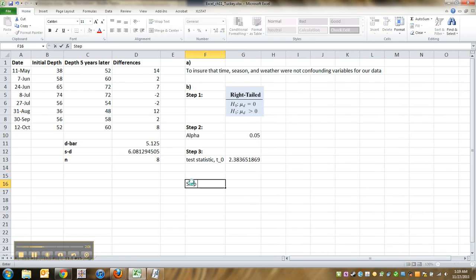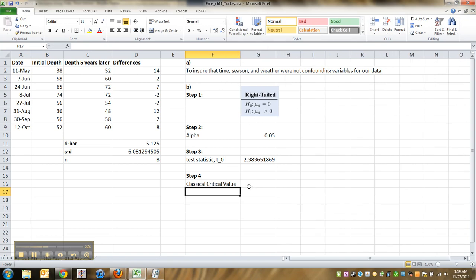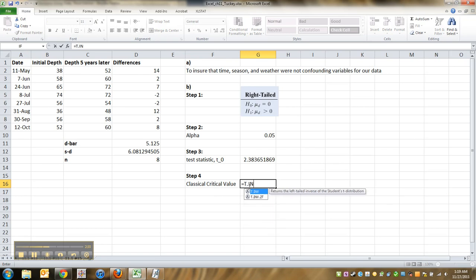All right, step 4. I'm going to continue to show you both ways because that's just how I am. So we're going to need the classical. All right, so you're going to need critical value. Now, how do you find it? Well, trickily. So in the new Excel, you type T dot inverse, right? And you say, okay, I want that probability.